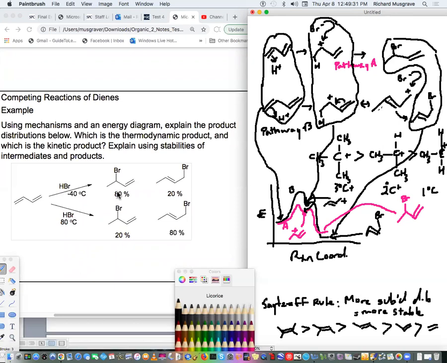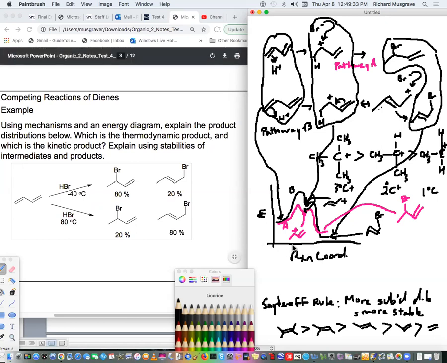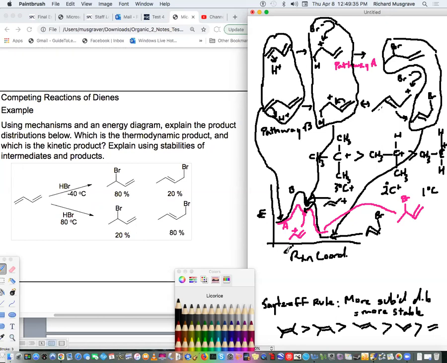When we're talking about this area, which I'm calling the intermediates, that's the middle area. Intermediates are the middle compounds in the process here. This is going to determine kinetics. And this has to do with activation energy.